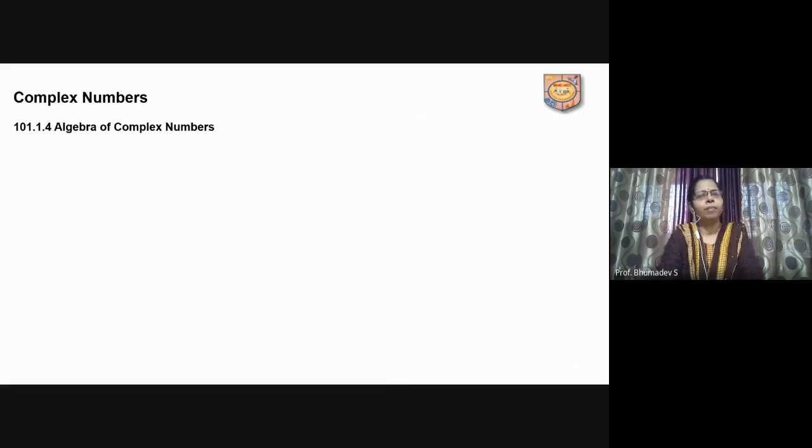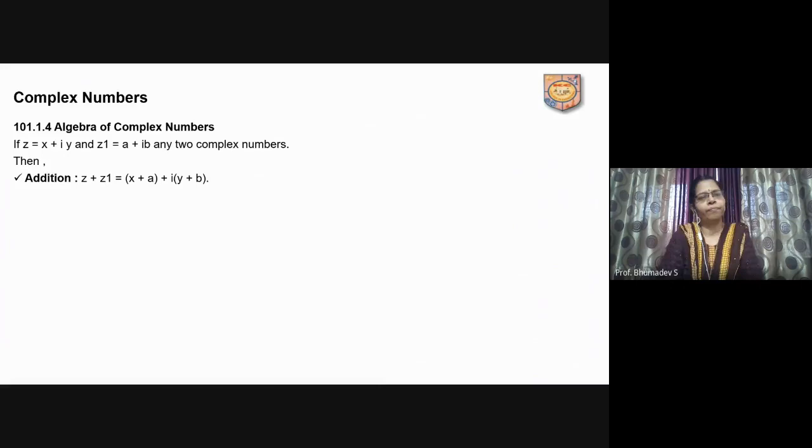What are the algebras of complex numbers that we are having? That we will see. If z is equal to x plus iy and z1 is equal to a plus ib, taking the two complex numbers, then the addition of z and z1 can be written as the summation of real parts, which is x plus a, plus i into the summation of y plus b, which are the imaginary parts of the respective complex numbers.